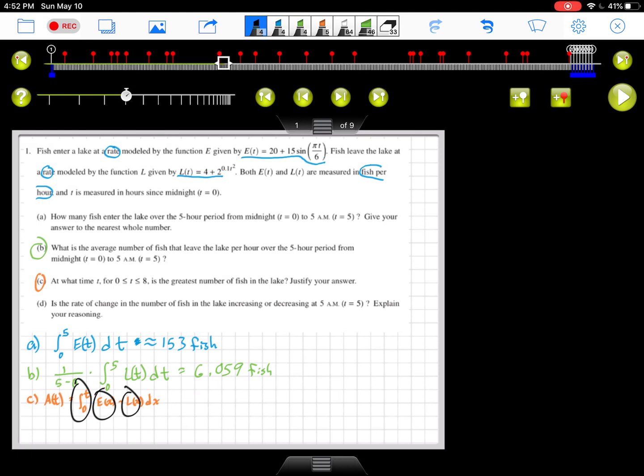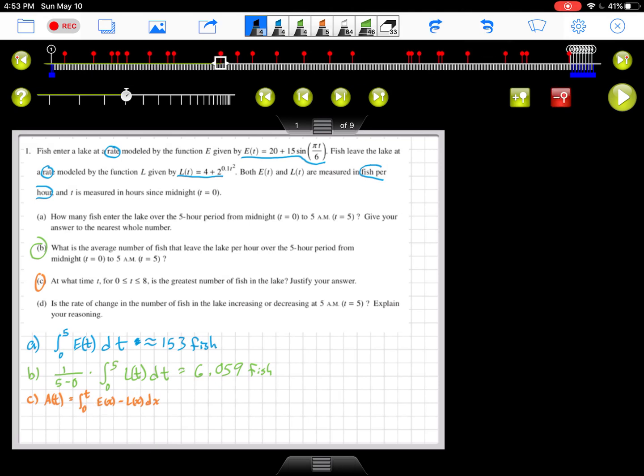And if I do the integral of L, it'll give me the total number of fish exiting the lake. And notice that I use t here. I had to use x right here and here and here, because the variables in here shouldn't be the same as this. So I wrote a function of t that would give me the total amount of fish at any given time. If you plug the number right here and then the number right there, then you do the integral of the rate functions, it'll give you the total amount of fish at that moment.